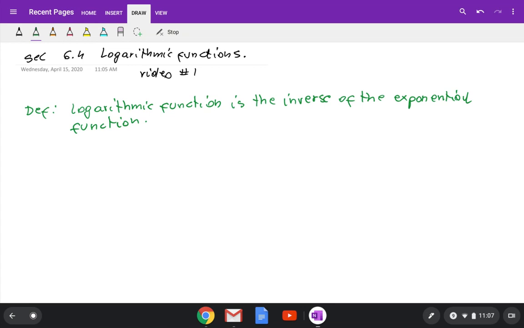Okay, so we have y equal log base a of x.